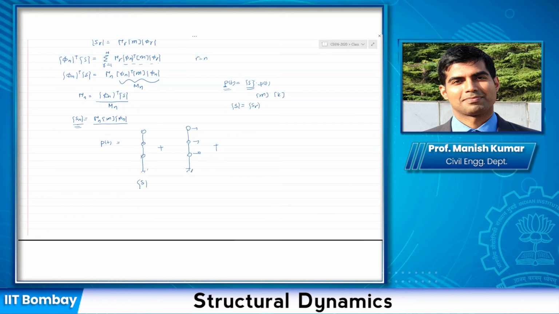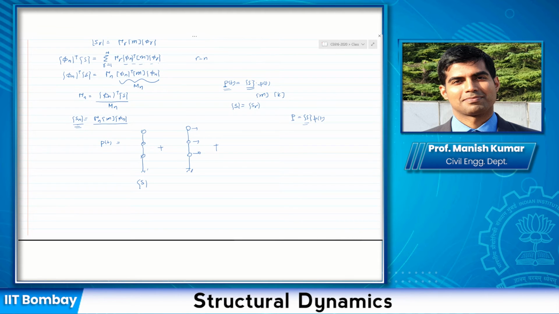We can do this for earthquake forces, and it doesn't have to be earthquake forces, as long as the time variation at each degree of freedom is the same and you are able to represent your force vector as some spatial distribution vector times the same time variation. Let us say this is some small p(t), which is the time variation. Then we can interpret results like this.